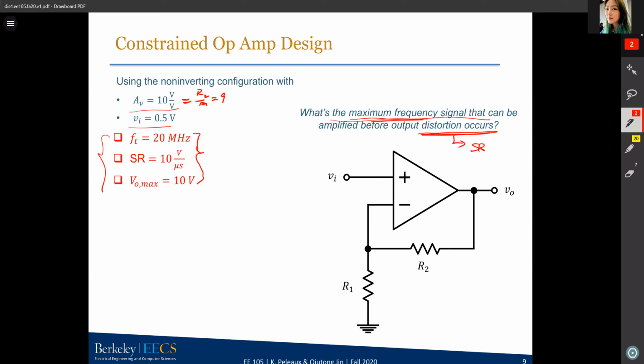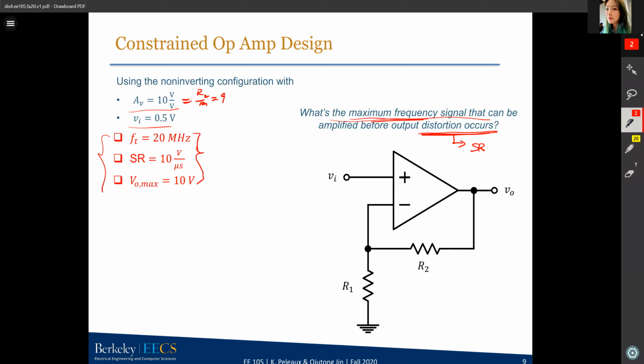Once you finish your design, put it back into the configuration and check: does it satisfy the other constraints? If it is satisfied, your design is correct. If it does not, you may need to redesign your circuit. That's how we design a circuit.